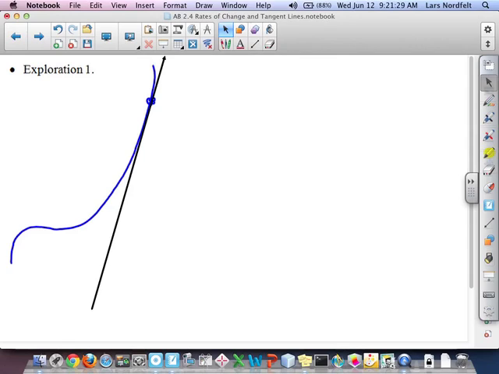We talk about slopes of lines, but we could also talk about the slope of a curve. This curve has a changing slope. At some places the slope is steep, and at some places the slope is not so steep. Right?